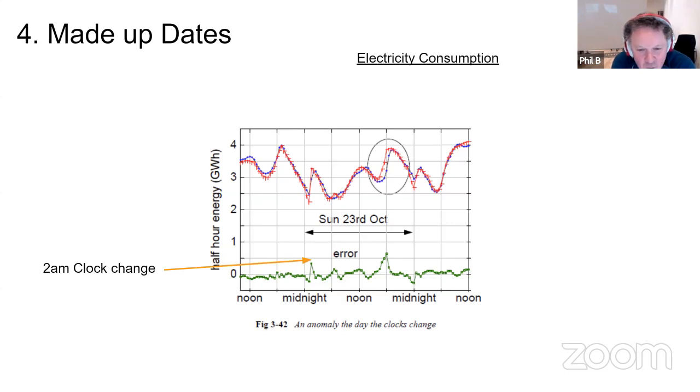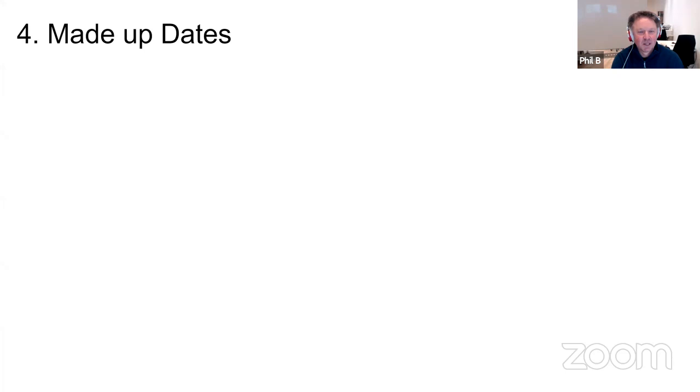Basically, one day you'll have to replicate a record twice, and for another day you'll have to delete a record, because a day can only have 24 hours and must have 24 hours. So that's what I discovered: my model was wrong not because my model was wrong, but because the underlying data was wrong. The dates have been fudged essentially. So that was my first ever discovery of how things can't always be as clean as possible.